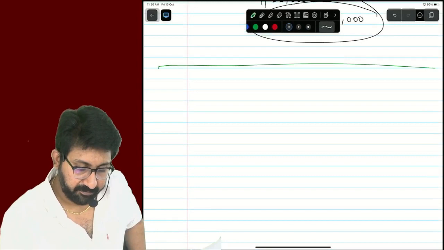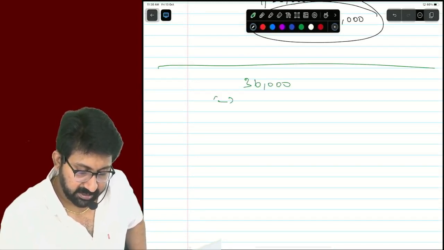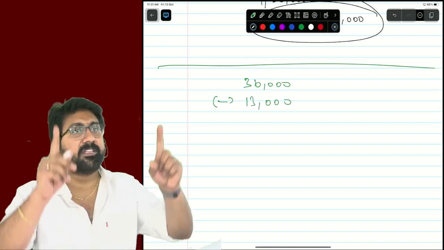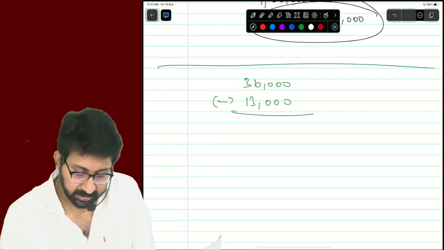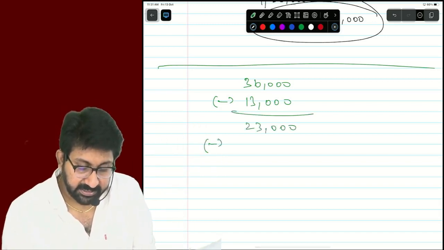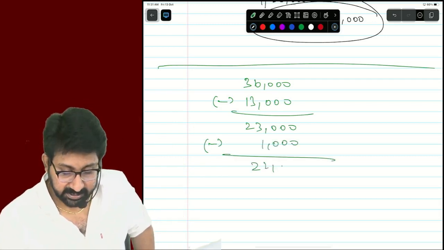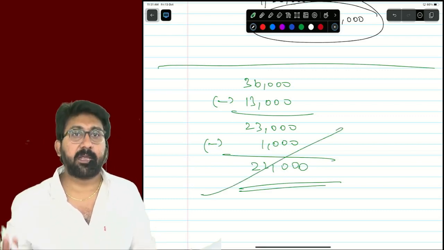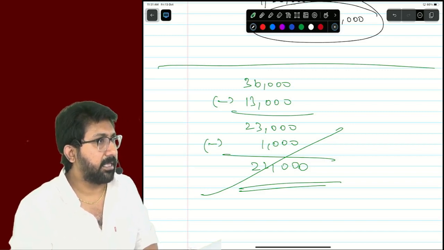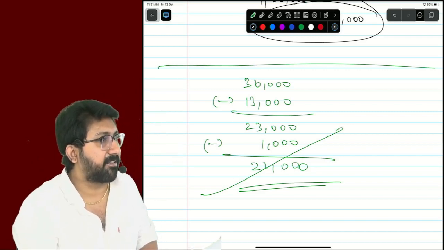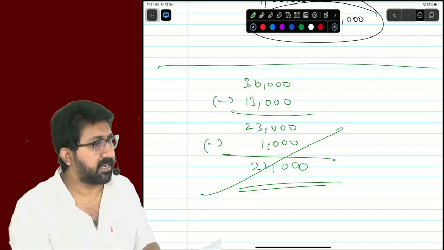How much is the gross profit? 36,000 minus the net profit. The difference between gross profit and net profit is the administration and other expenses, correct? In this, how much is the interest expense? 1,000. Means really the administration and other expenses are 22,000. P&L will be completed with this. Depreciation is already included in the cost of goods sold, in the direct expenses.